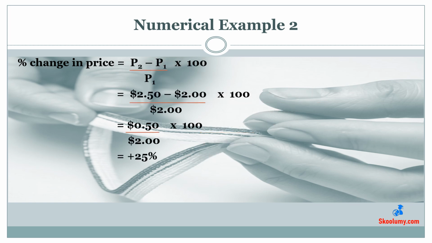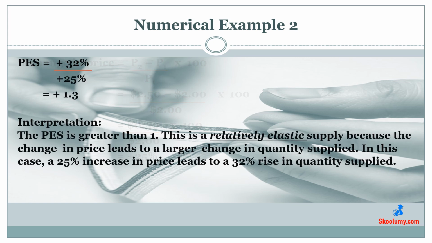Percentage change in price is P2 minus P1 divided by P1 times 100. That is $2.50 minus $2 divided by $2 times 100. It gives 25%. PES is plus 32% divided by plus 25%, which is equal to plus 1.3.